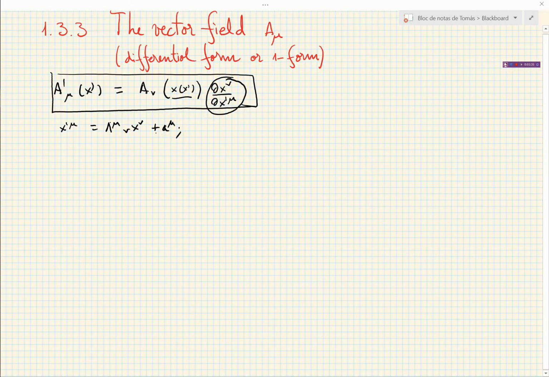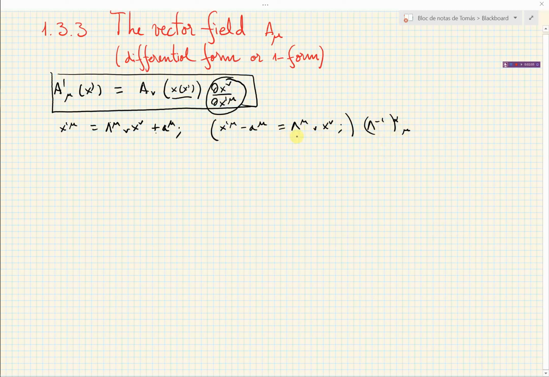So we have to invert this transformation, and first we take a to the left hand side, and second we multiply the whole expression by the inverse Lorentz transformation, lambda minus 1, with the index mu and an index alpha. These are numbers, we can put them on the right or on the left.